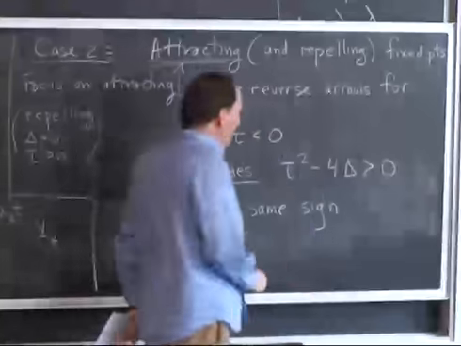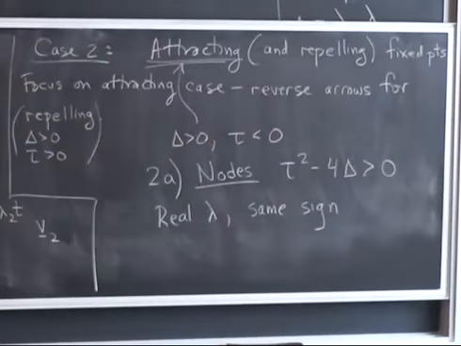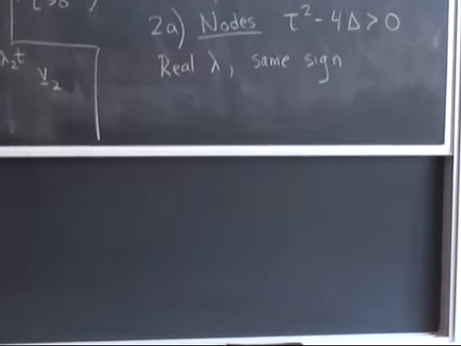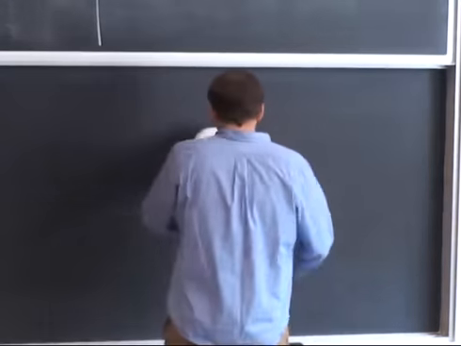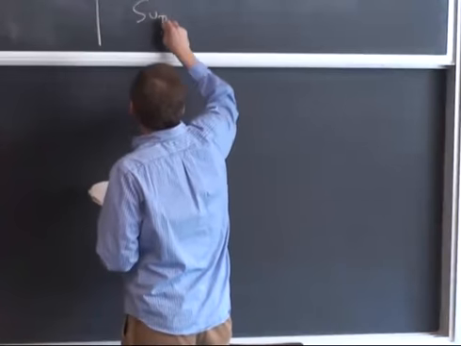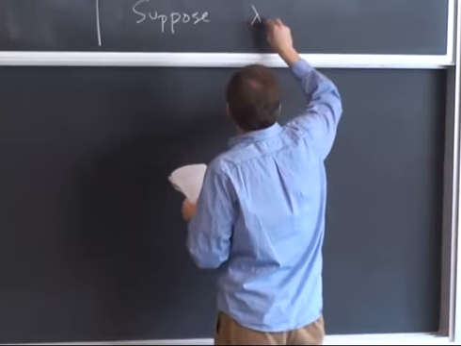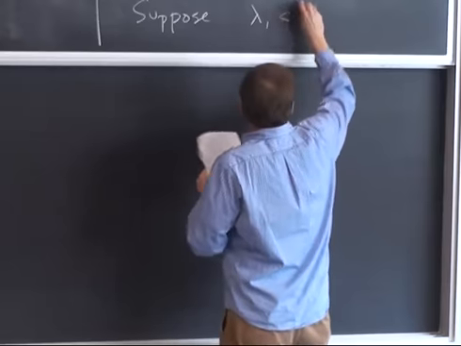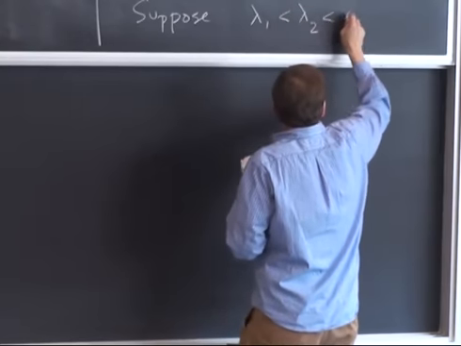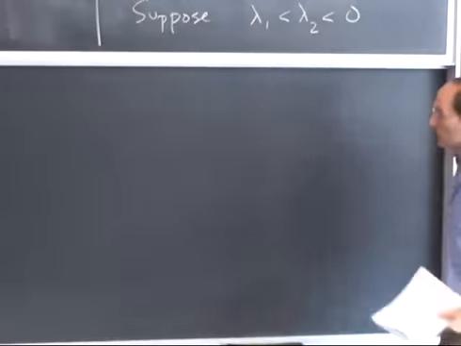That is, they're either both positive or both negative. And since we're interested in the attracting case, let's consider the possibility that they're both negative. So let's suppose that we've got lambda 1 is more negative than lambda 2, and they're both less than 0.